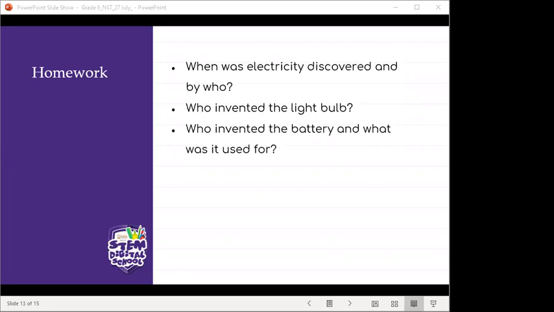All right, guys, write down your homework, please. When was electricity discovered and by who? Next question is, who invented the light bulb? And the third question is, who invented the battery and what was the battery used for at that time when they invented it? Okay, so I'm going to give you guys a few minutes before we officially close off class.